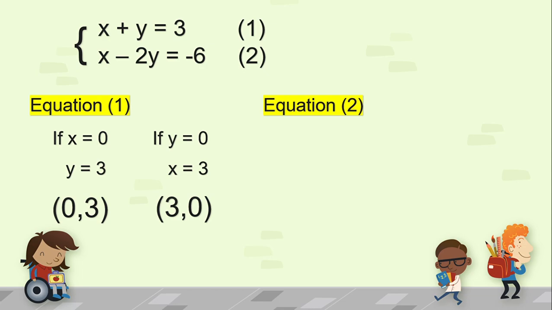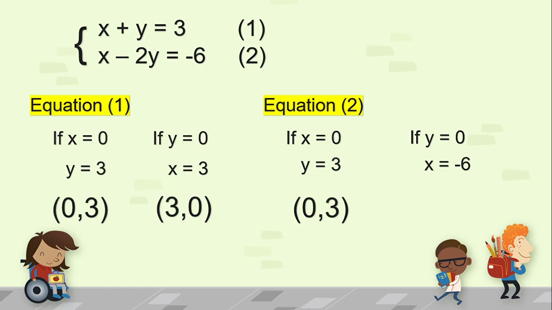From the second equation, if x is equal to 0, y is equal to 3. Then we have an ordered pair, (0, 3). And if y is equal to 0, then x is equal to negative 6. So we now have our ordered pair, (negative 6, 0).